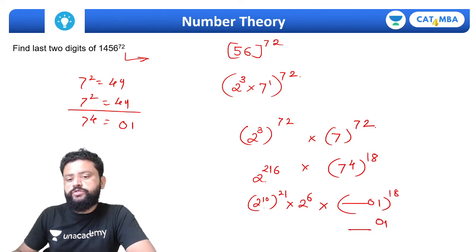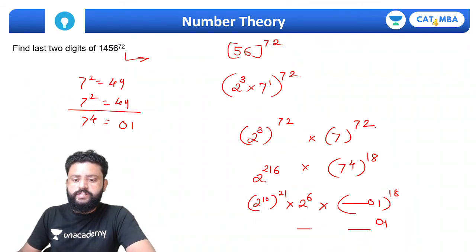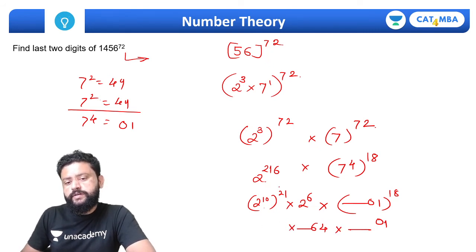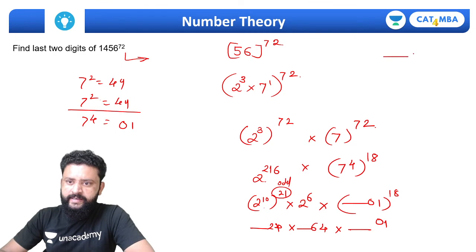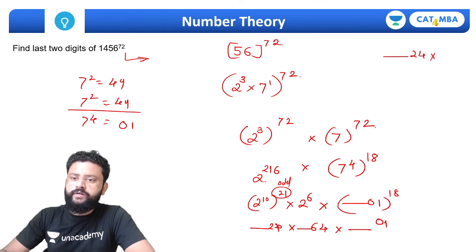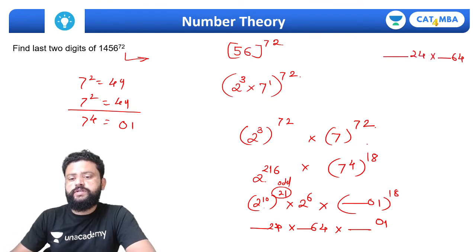Okay, then 2 to the power 6 is 64, and 2 to the power 10 ka power 21, which is an odd power, will end with 24. So basically the final result will be 24 into 64. 0 1 तो इधर ही आ जाएगा.